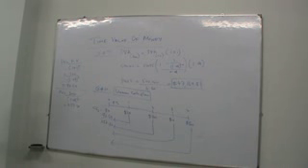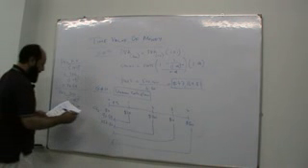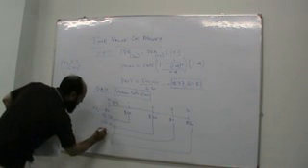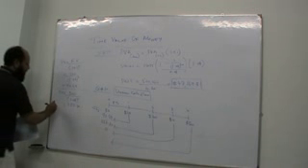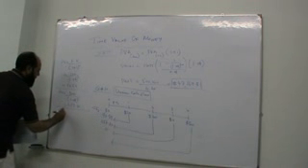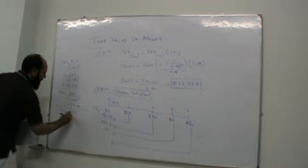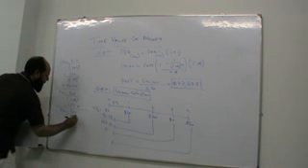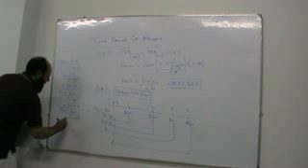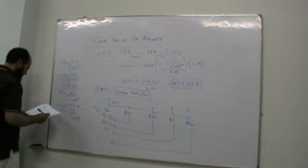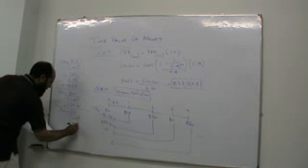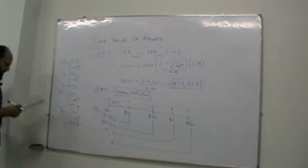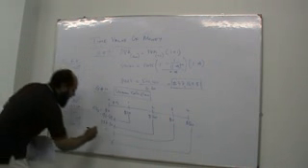The present value of $0 that we are going to get after year 3 is going to remain 0, and the present value of the $500 that we are going to get at the end of year 4 is going to be 367.51.